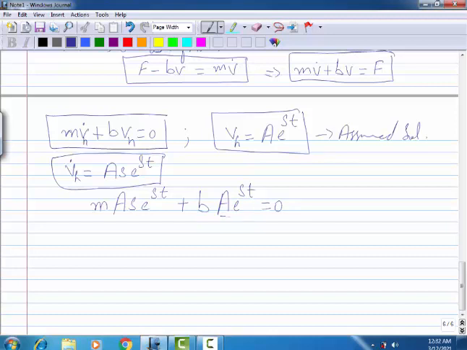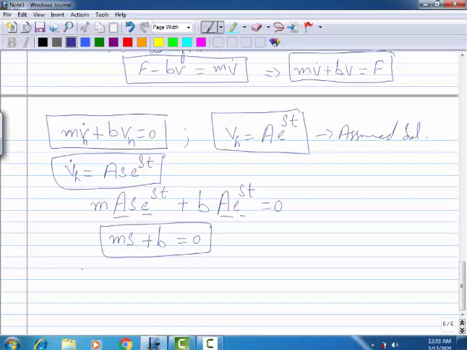Because A is a constant, I just remove the A and also the exponential. The remaining algebraic equation becomes ms plus b equal to 0.